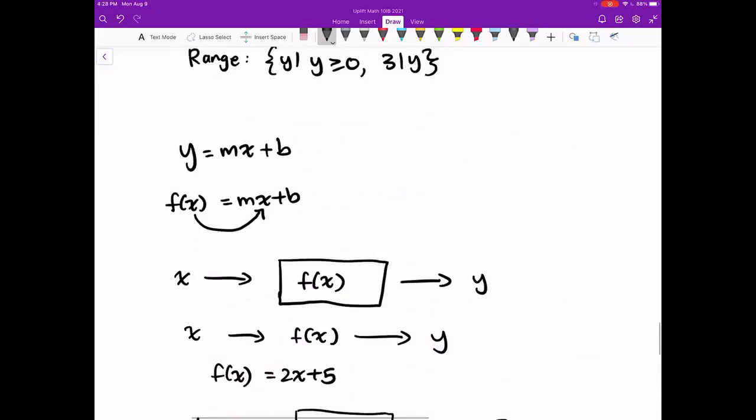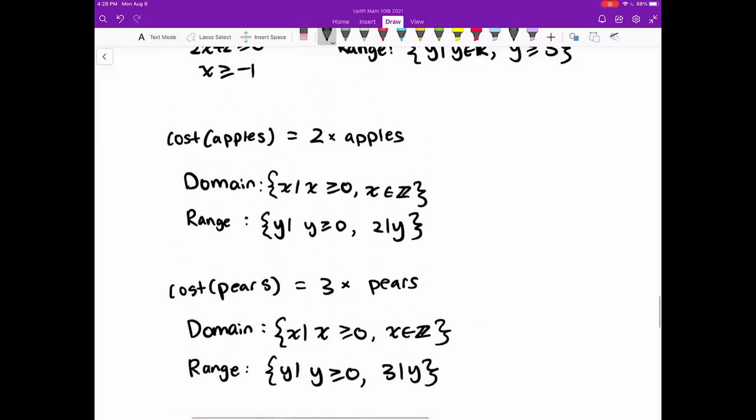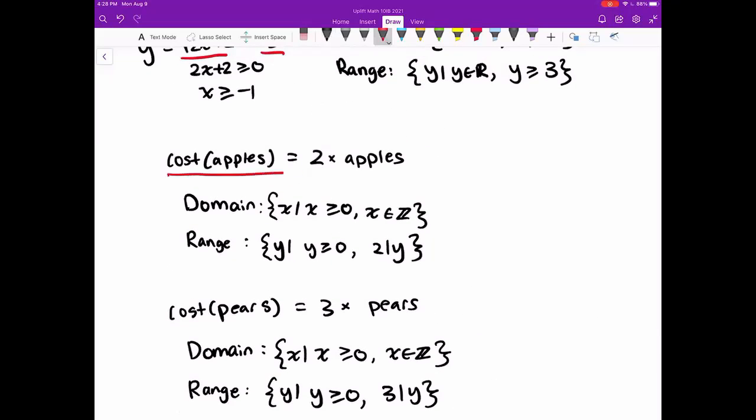But like in the example up here, cost of apples is equal to 2 times the number of apples, I actually also used function notation. In this case, cost is like the letter f, and apples is like the letter x, equals 2 times x, if that makes sense.